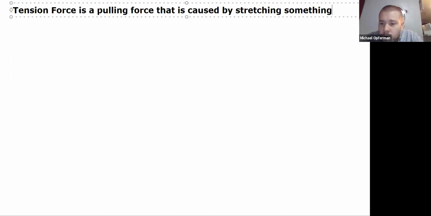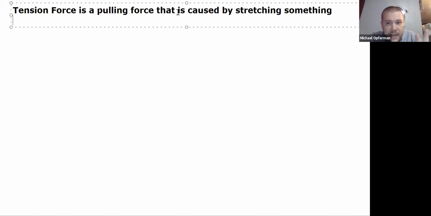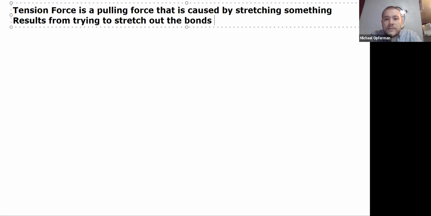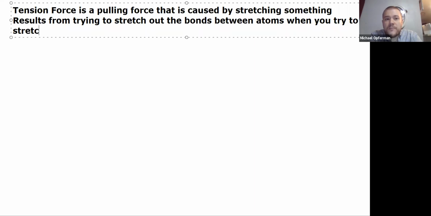So we're not going to worry much at this moment about trying to explain what the tension force really is. Let me just give you the 10-second version of that. It basically results from trying to stretch out the bonds between atoms when you try to stretch out the material.